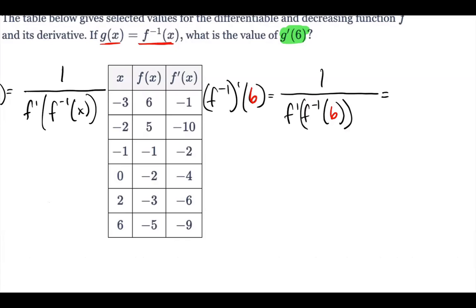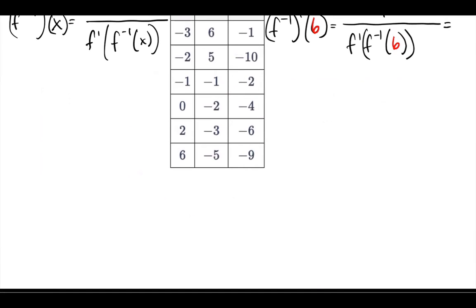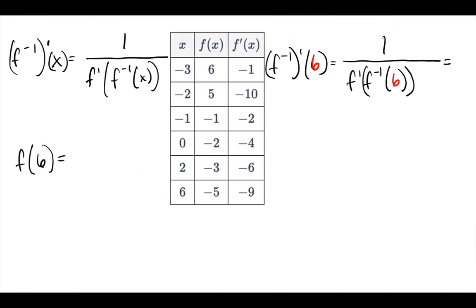Not 1/6. Well, let's see. What is this equal to? -5, right? So doesn't that mean that on that function, there was a point 6, -5, right? That's what that means, right? What about the inverse of f? What point is going to be on the inverse of f? -5, 6, right? So that means, okay.